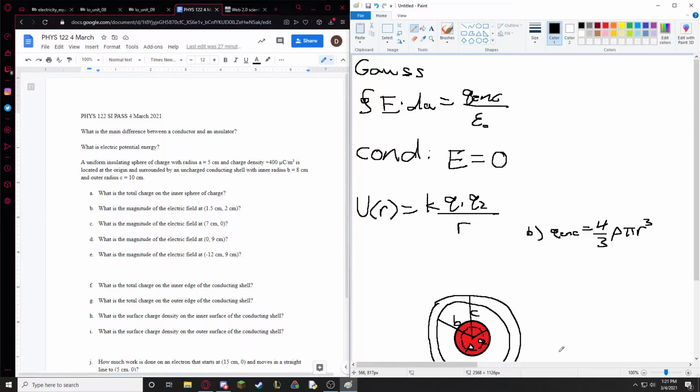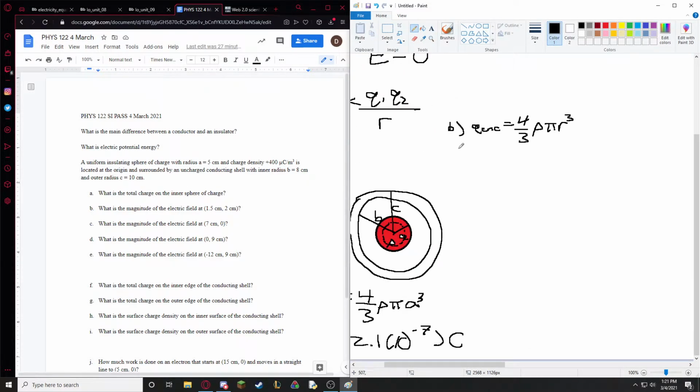How do we simplify our E dot dA integral? It becomes just EA. Yeah, exactly. It becomes E times the A. A is the area of what? Of the Gaussian sphere. Yep. And what would that area be?